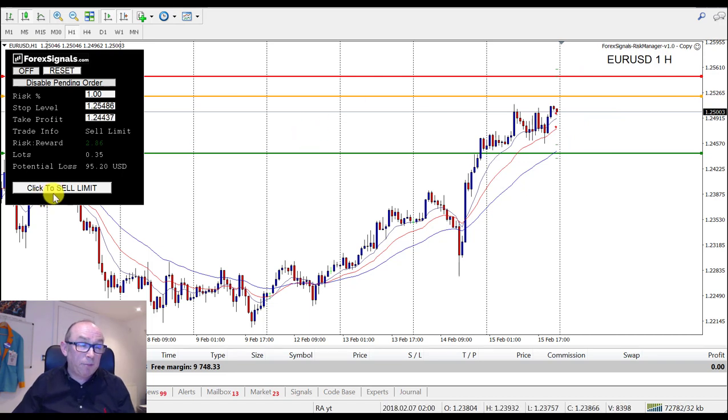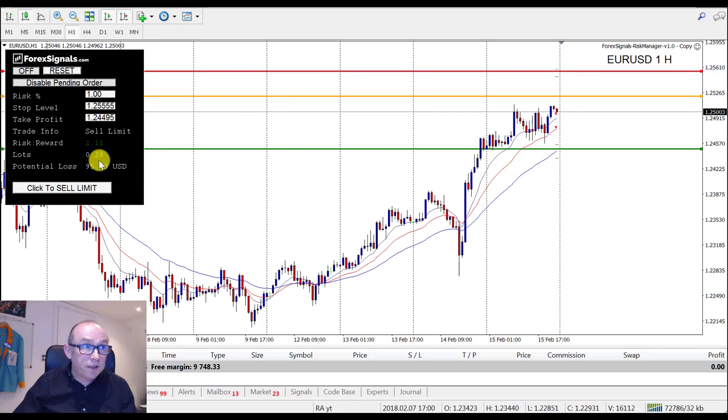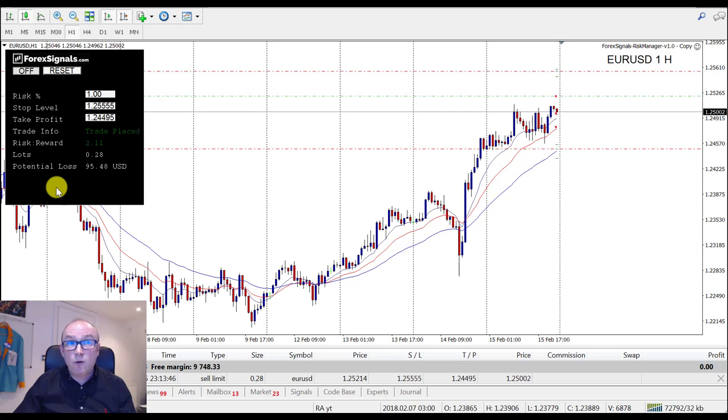The expert works out that I'm now going to be a seller, so it will say click to sell. The risk reward ratio is worked out for you as well, moves as you move the targets. And of course, the lots is also calculated for you on this currency pair using this denomination of account and this balance, all done for you. Placing that in there will place that order for you as well.